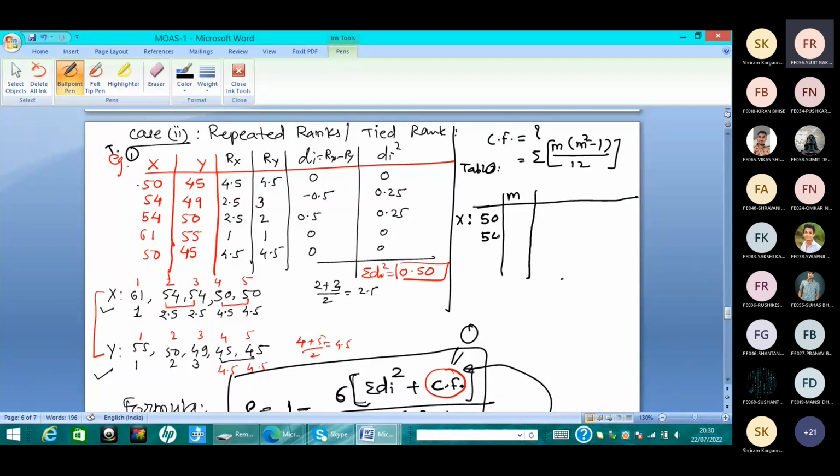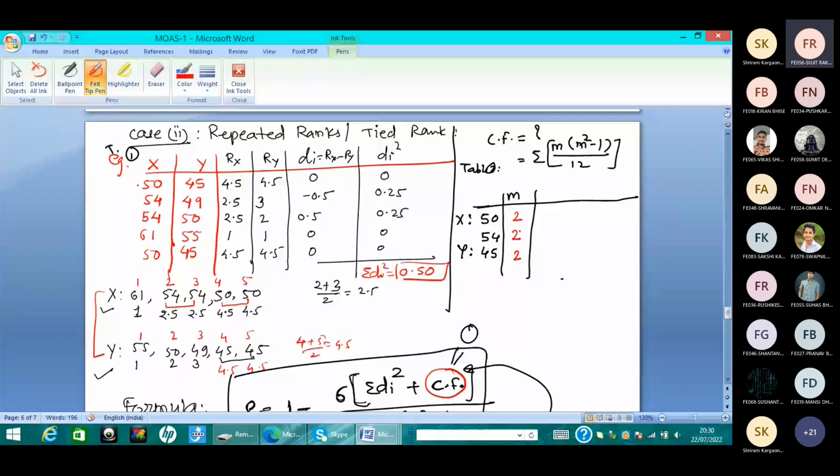What is repeating in y? 45. Now see, how many times did this 50 come in x? M is equal to 2 when this is concerned, so M1 is this one. 54 is also repeating twice, so M2 is 2 again. And 45 in y is also repeating, so this is nothing but M1, M2, M3.